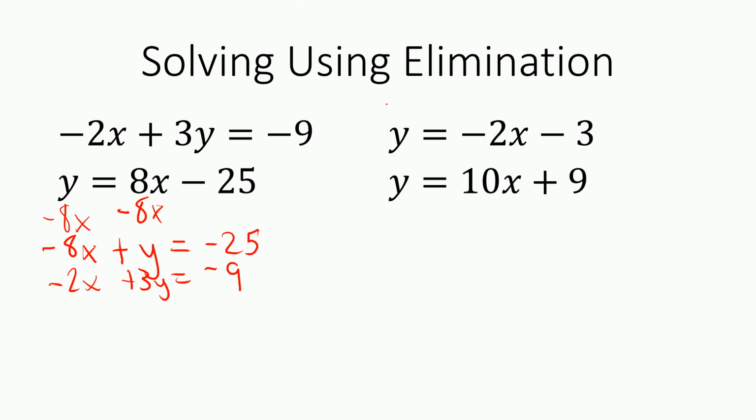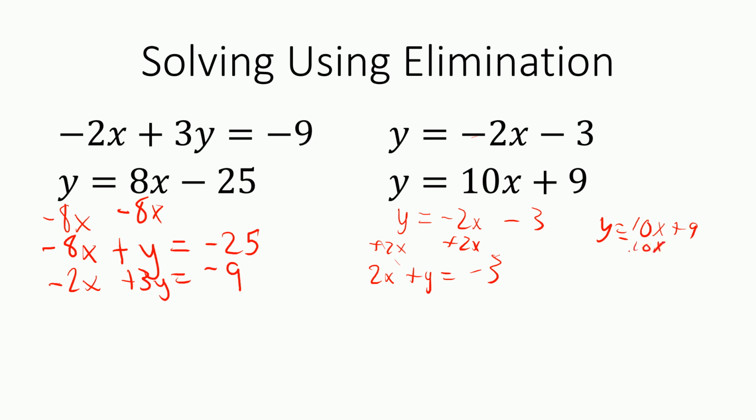If both of them are in slope-intercept form, I could still turn them both into standard form. I would take maybe the first one, set it up, and add 2x, add 2x. That would be 2x plus y equals negative 3. And then I could do the second one maybe over here, y equals 10x plus 9.